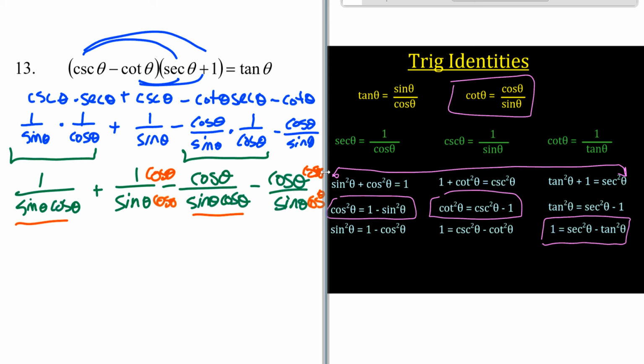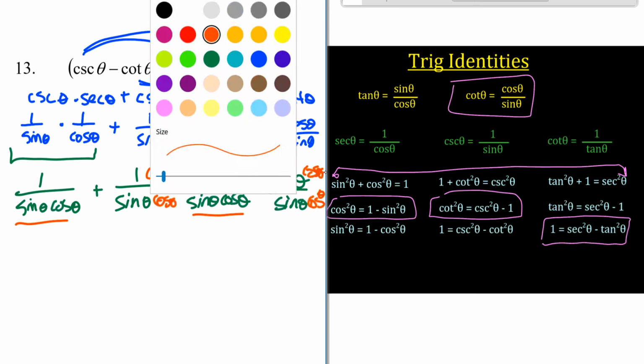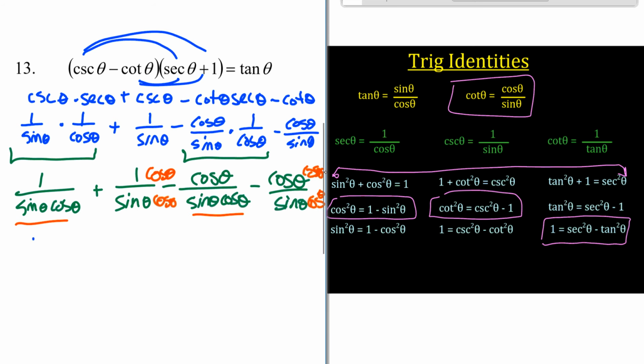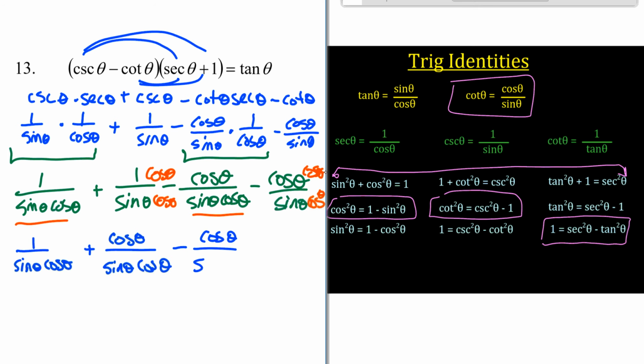So let me rewrite that big mess that we created. We've got 1 over sine theta cosine theta plus cosine theta over sine theta cosine theta minus cosine theta over sine theta cosine theta minus cosine times cosine is cosine squared theta over sine theta cosine theta.